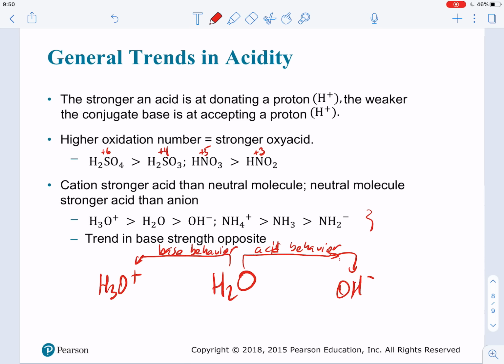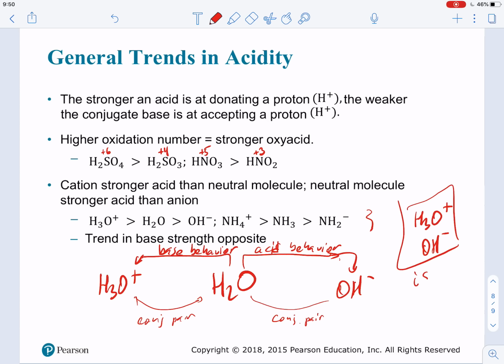So now you have a conjugate pair, and this is a conjugate pair, but H3O plus and OH minus is not a conjugate pair.